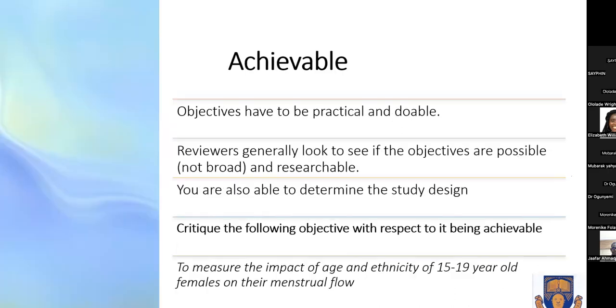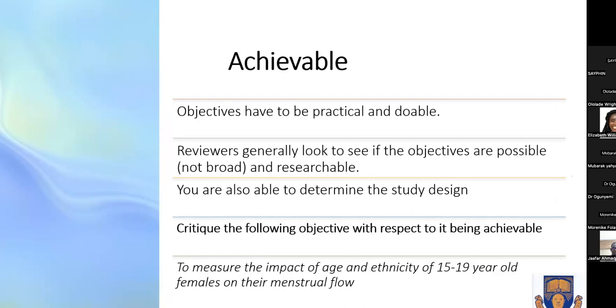When we talk about achievable, we'll want to look at what is practical and doable. We'll look for objectives that are possible and researchable. Therefore, let's look at this objective. This individual wants to measure the impact of age and ethnicity of 15 to 19-year-old females on their menstrual flow.